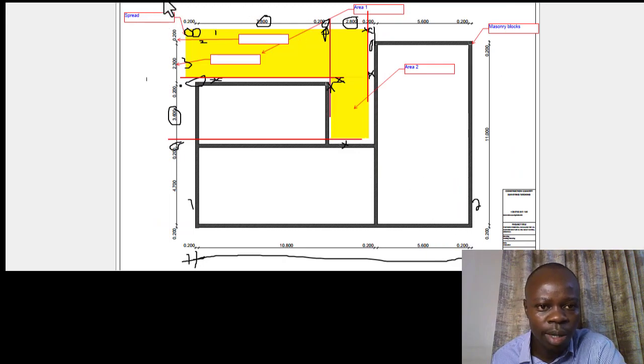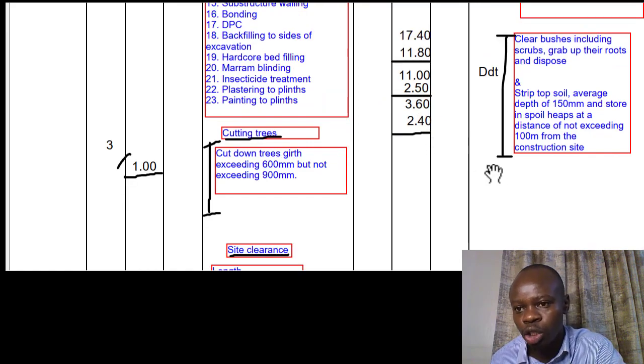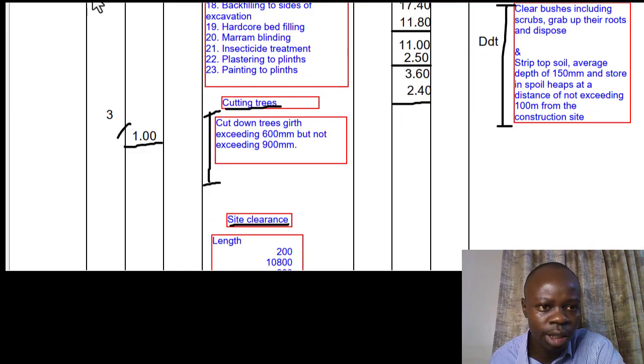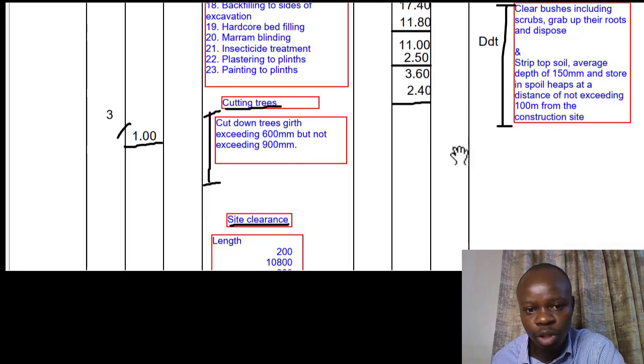So that is why we go straight into what we need to look into. This is our taking off dimension paper that we are using, and we'll continue to use it as long as it serves our purpose. This is a traditional dimension paper, of course.